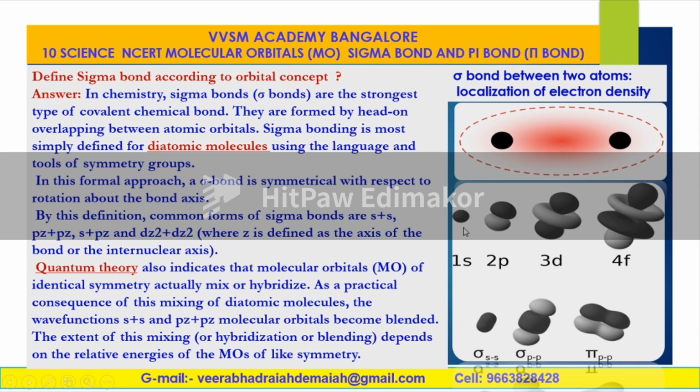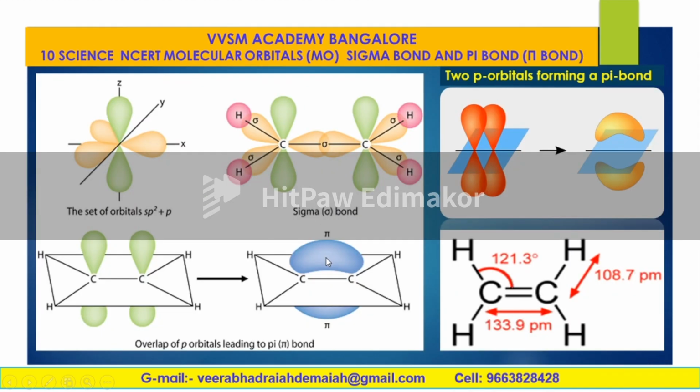This is 1s, this is 2p, this is 3d, this is 4f, this is sigma ss, sigma pp, and this is pi pp. So these are the pi bond.